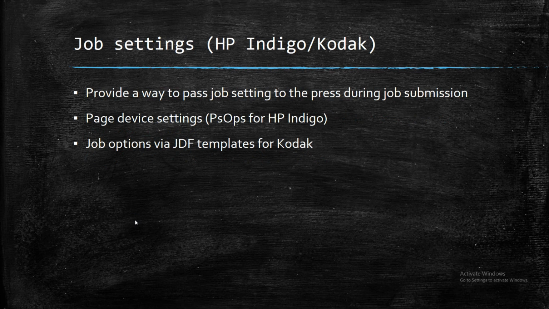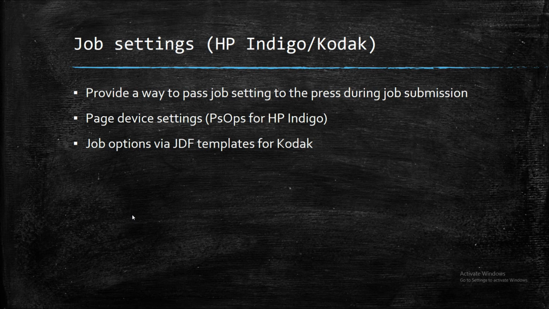So next we're going to talk about job settings, and this provides a way to pass job settings to the press during job submission. Now for Indigo, we have this page device settings section which includes a list of various PS ops, or PostScript operations, that allow you to set or specify the values of certain job options on press.